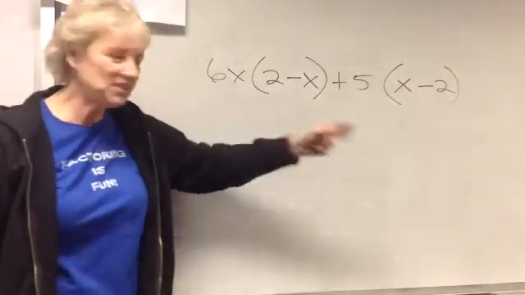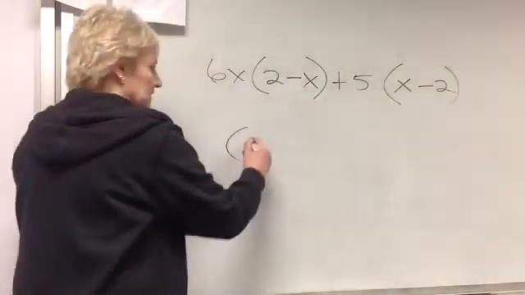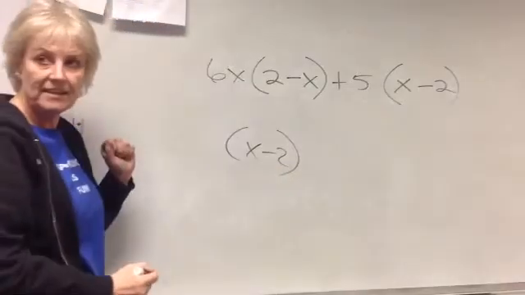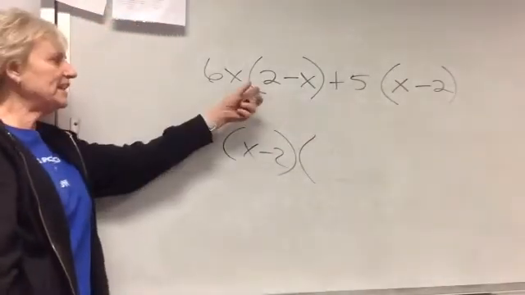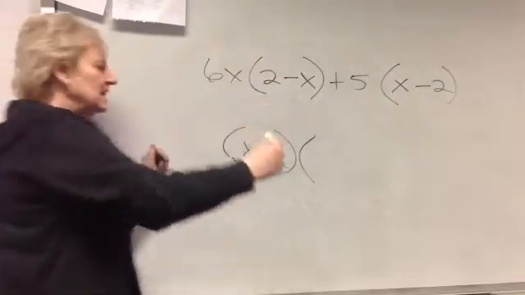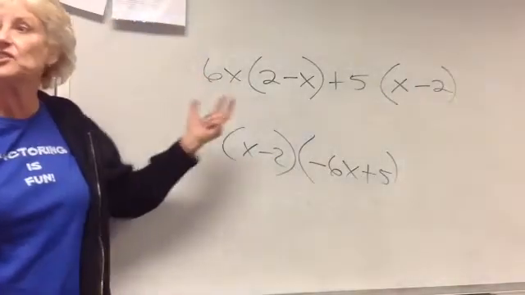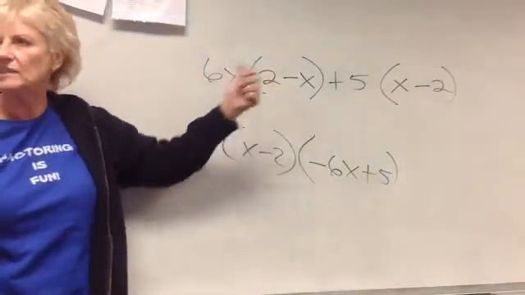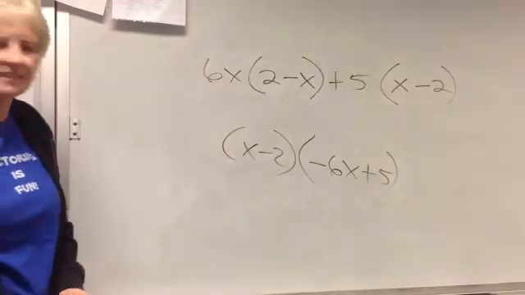Or what makes more sense is to write x minus 2, because that's the right order. This is the one, yes, it's negative 6x plus 5. You adjust the one that's next to the backwards one.